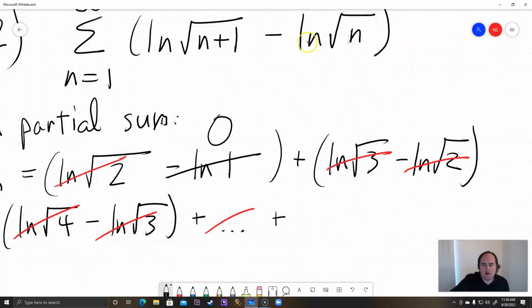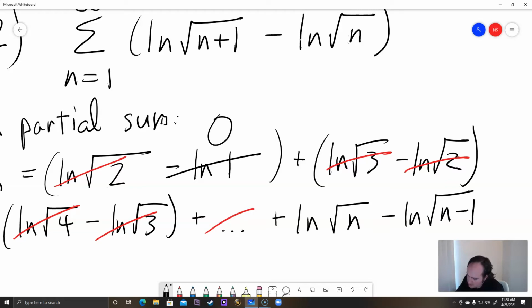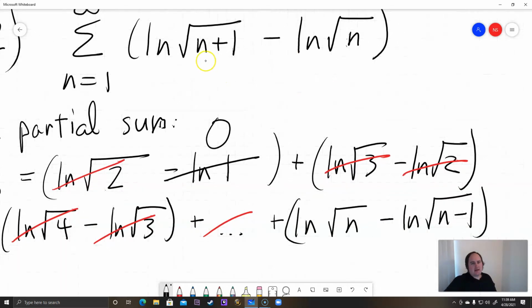And we can write the term before that by just going one less. So the term before that is going to be ln of root n minus ln of root n minus 1. Okay, that's the term before it. And then the nth term is going to be ln of root n plus 1 minus ln of root n.